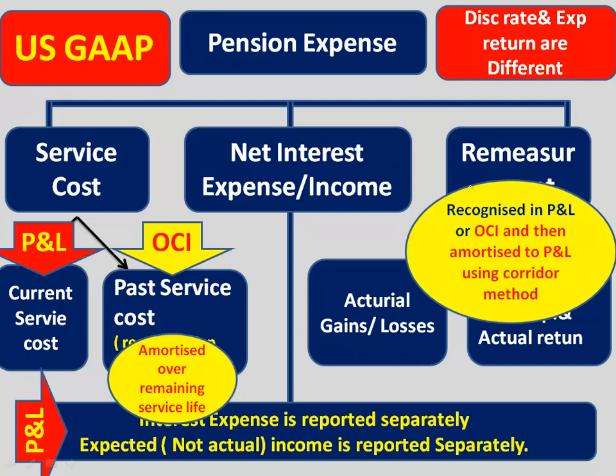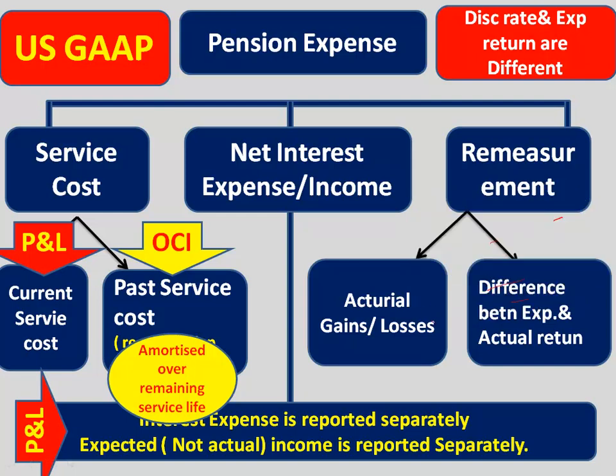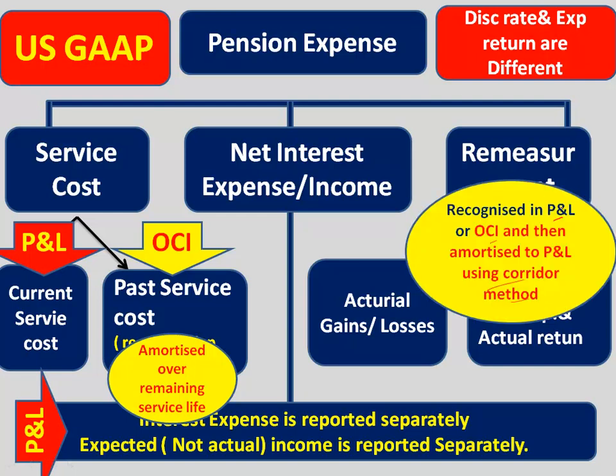Now this remeasurement part would be recognized in P&L or OCI and then amortized to P&L using the corridor method. Which means that you can expect a significant amount of volatility in the US GAAP income statement because this entire actuarial gains and losses can be recognized in P&L. Or if you recognize them in OCI, then you will amortize them using corridor method.